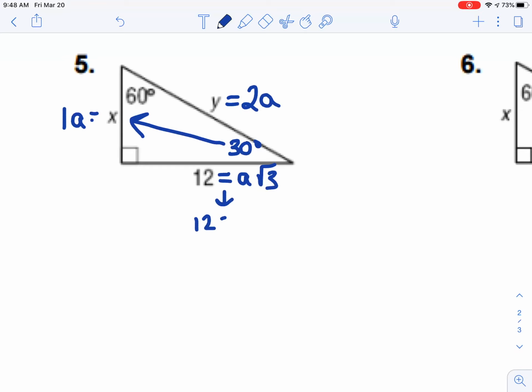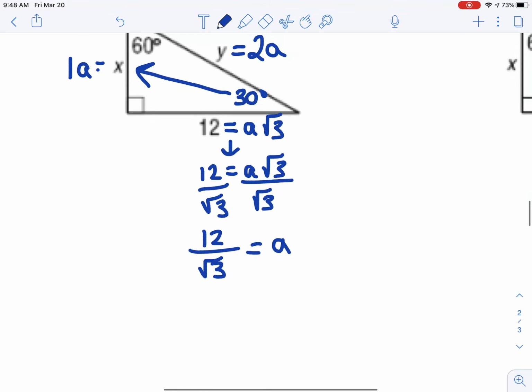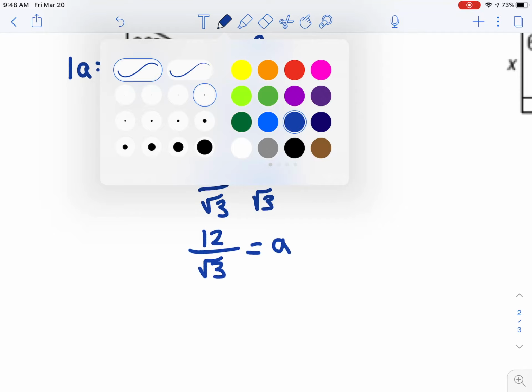If 12 equals A rad 3, I should divide both sides by rad 3 to isolate the A. Now, I could say that A is 12 over rad 3, but as you learned from yesterday's lesson and the day before, usually they want you to rationalize it.